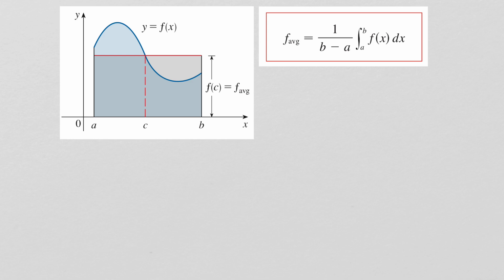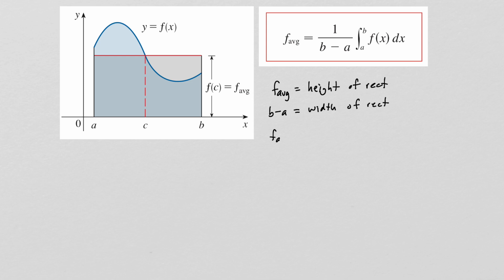The way to compute the average value is to take 1 divided by b minus a multiplied by the area. If you think of the average value as the height of the rectangle, then b minus a is the width of that rectangle.